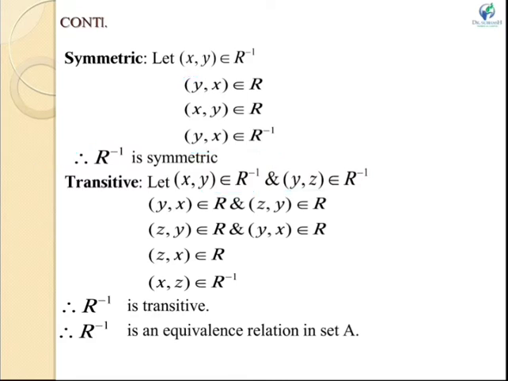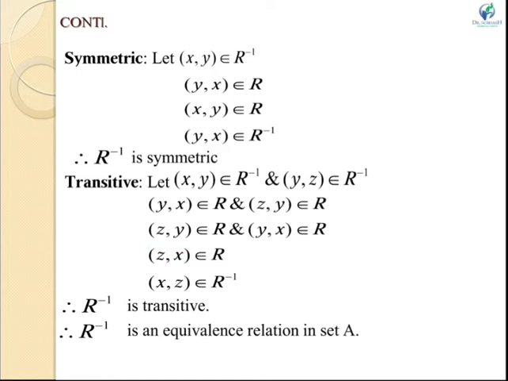Now see, if (x,y) belongs to R inverse, then (y,x) must belong to R, and if (y,z) is in R inverse, then (z,y) will belong to R according to the inverse definition. Now, if (z,y) is in R and (y,x) is also in R, why can we write this? Because we know that R is an equivalence relation, so it must satisfy the property of symmetry.